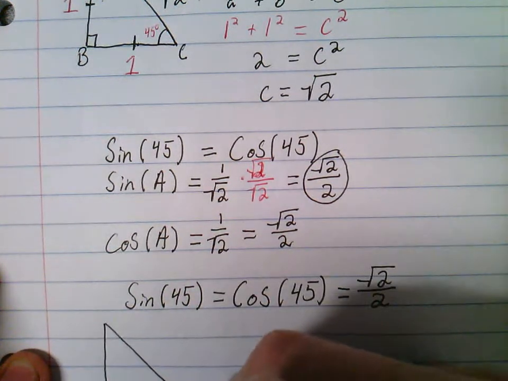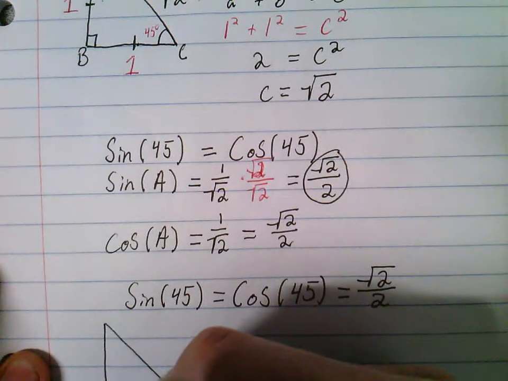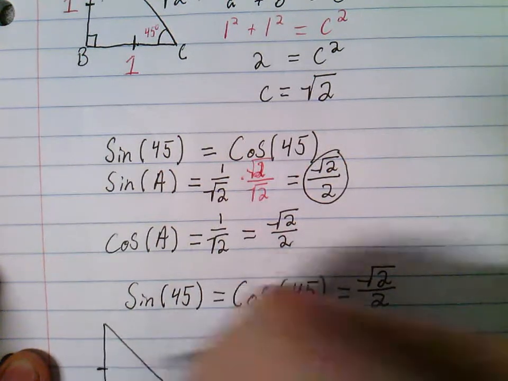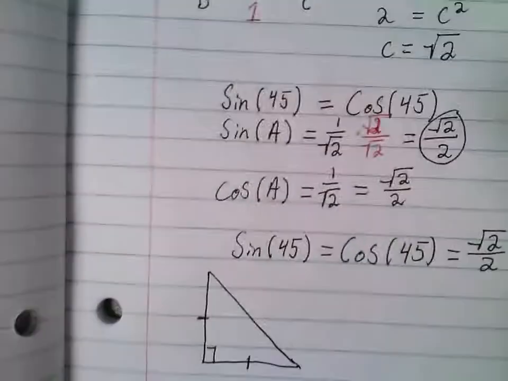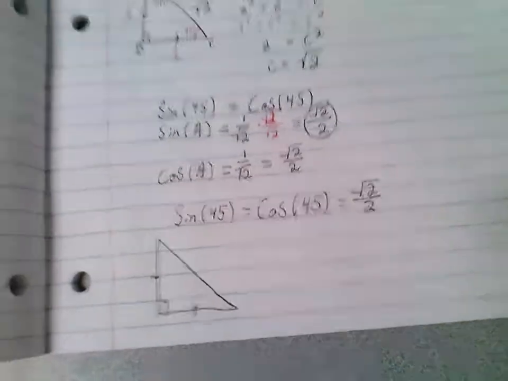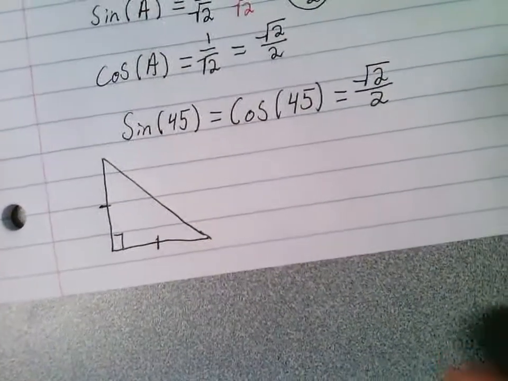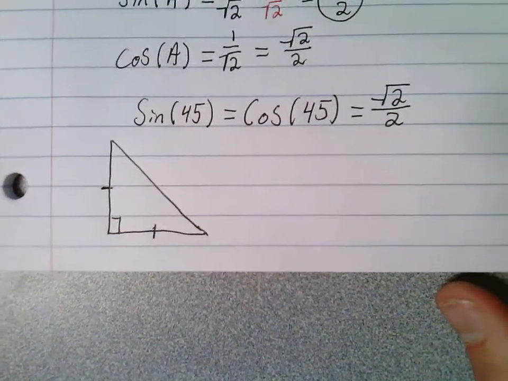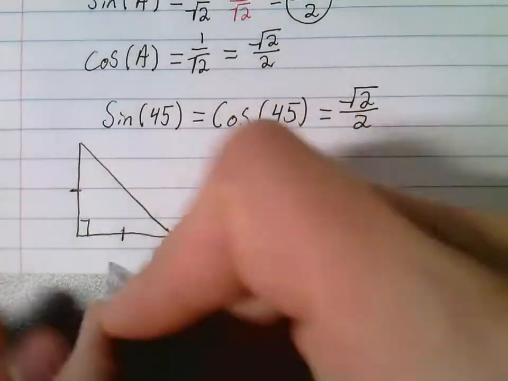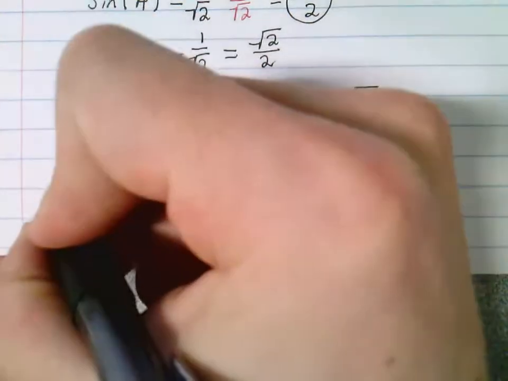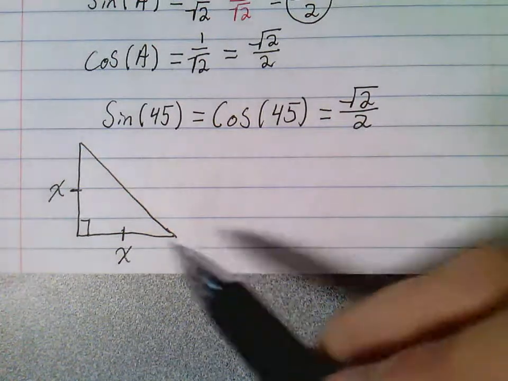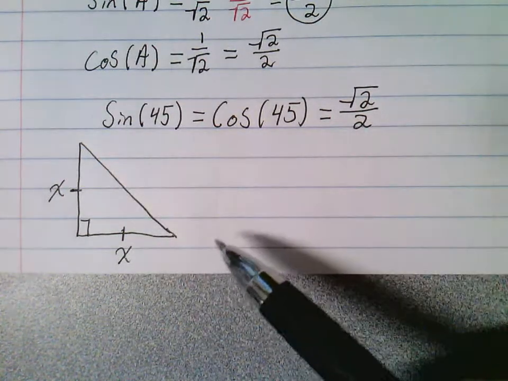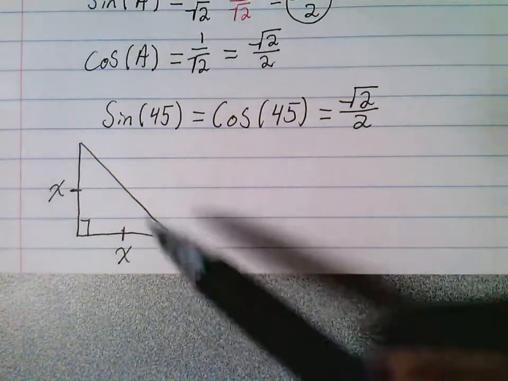If this is an isosceles right triangle, and I mark these as congruent, and if we call each of these sides x, what we need to do is come up with a way to denote this side.